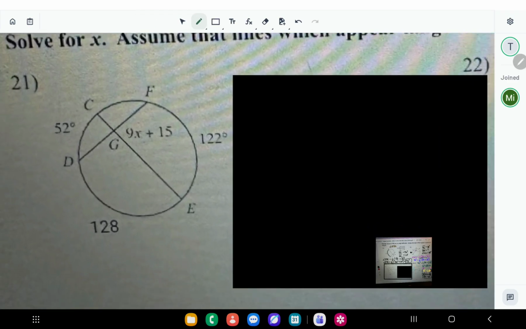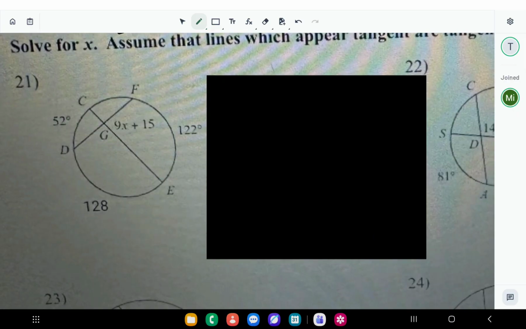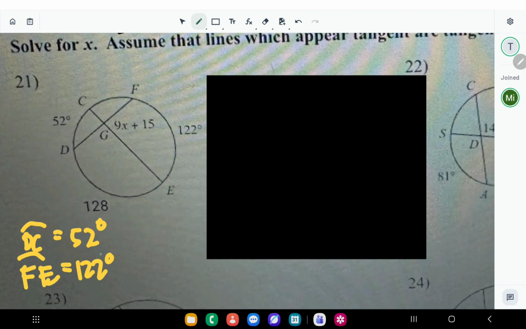Okay, so we're given here two chords and intercepted arcs. Let me just define: arc DC is 52 degrees. Arc FE is 122 degrees.